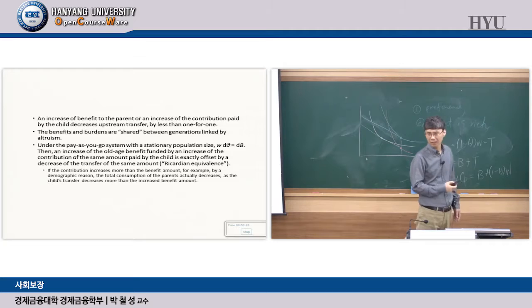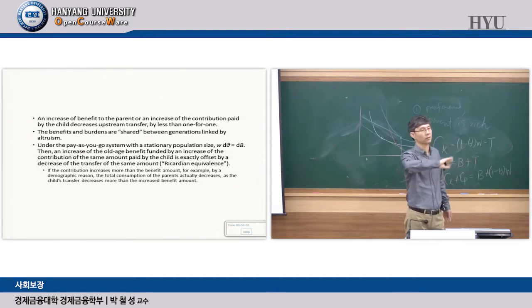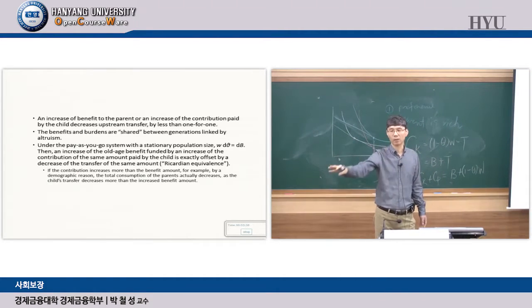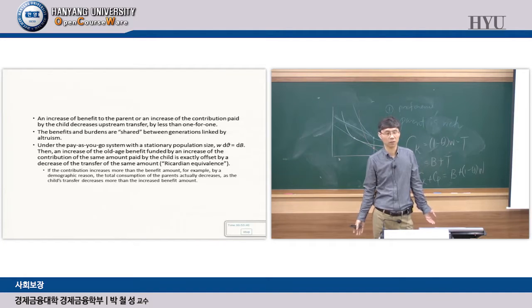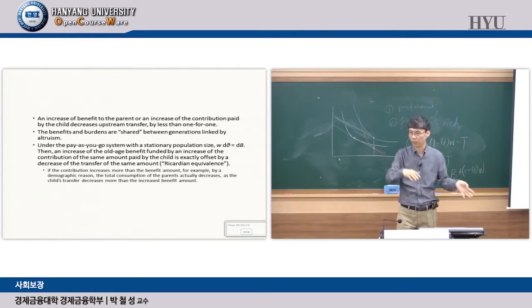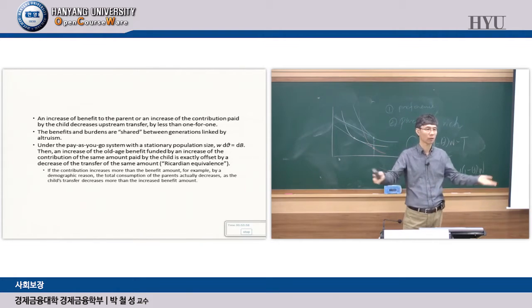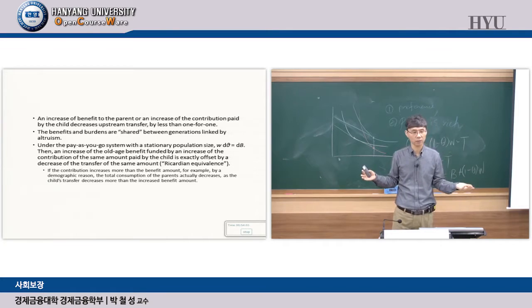Now, we talked about altruism between generations because we are talking about old age insurance, but you can extend this same idea to other family members as well. Think of husband and wife. If they are linked by altruism, let's say the husband cares for the wife, or the wife cares for the husband, what happens?